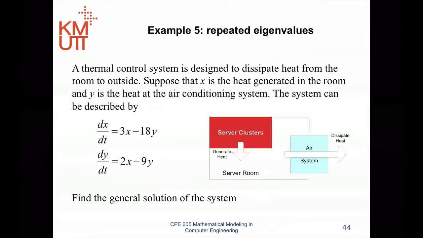Let's consider this fifth example of repeated eigenvalues. Let's say that we have a thermal control system designed for this server room. The server cluster generates heat in the server room, and the air conditioning system dissipates heat from the room. Let's say that x represents the heat generated in the room and y is the heat at the air conditioning system.